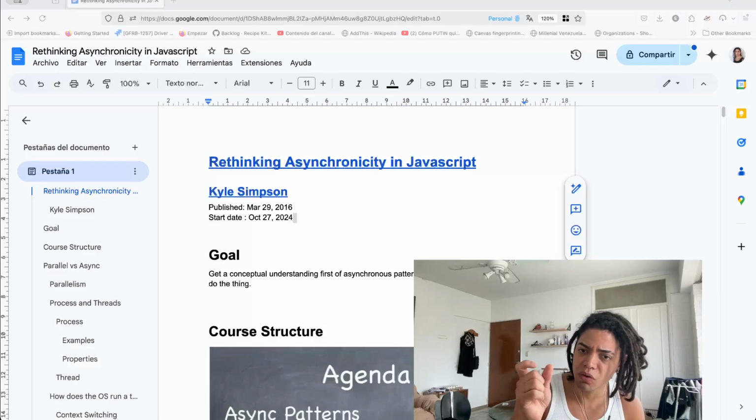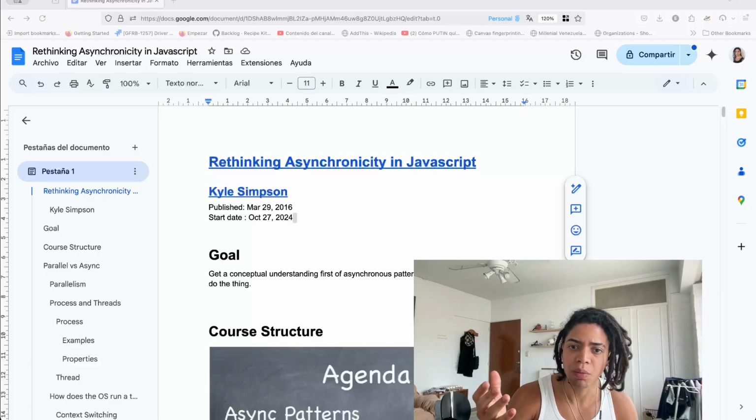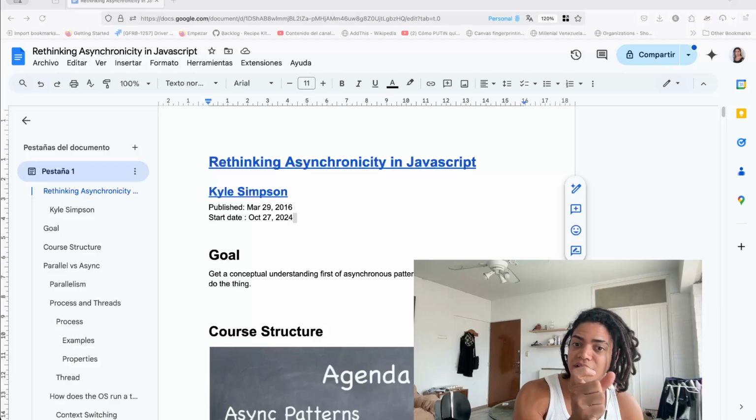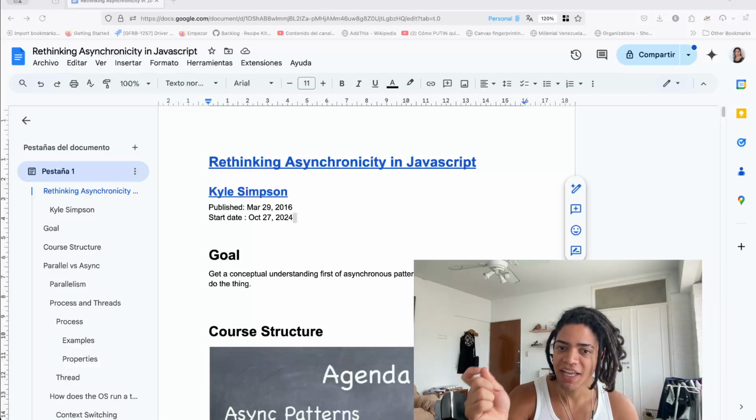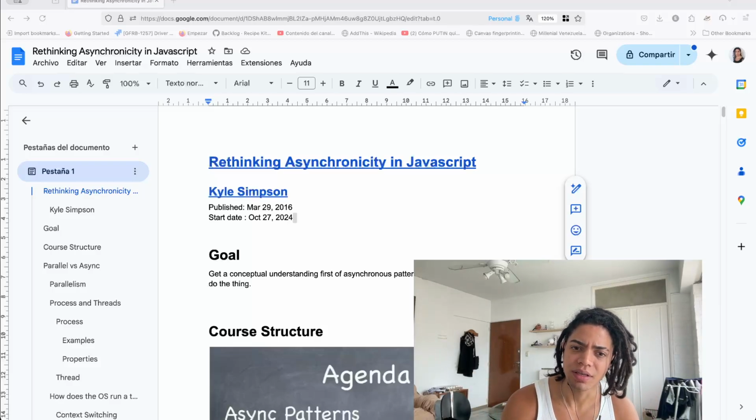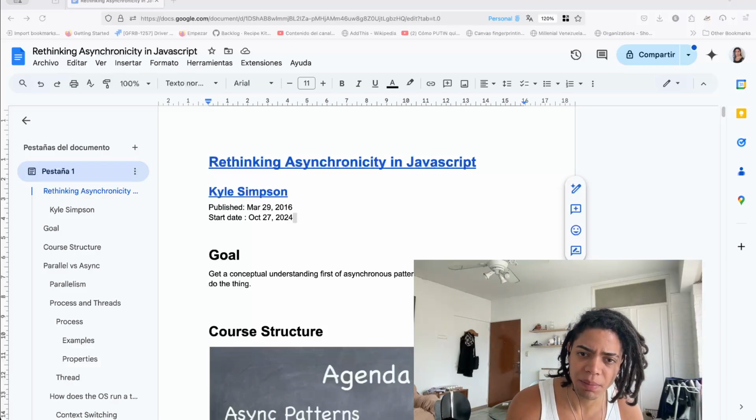And looking at the most common observables, for example from event, and from fetch. And how you can actually use them and compose them in your application.